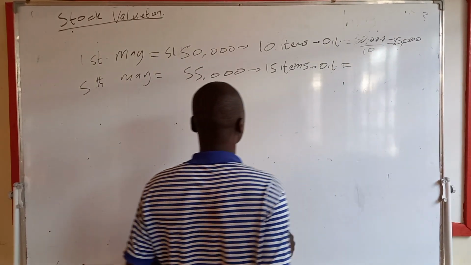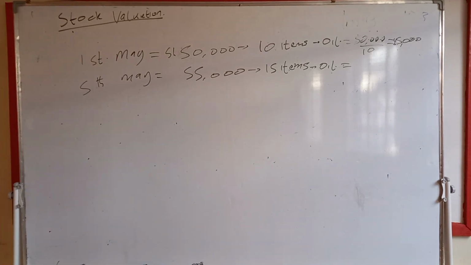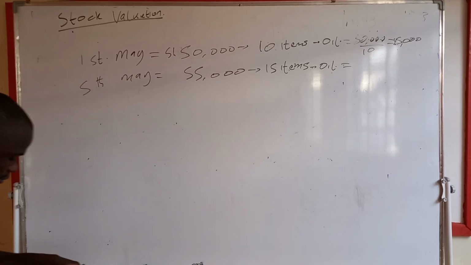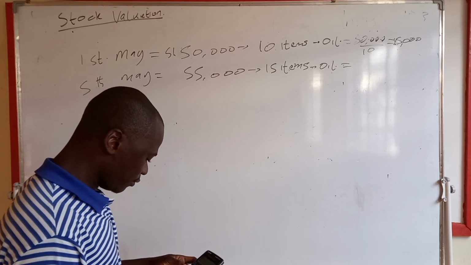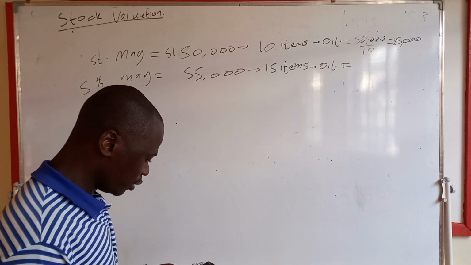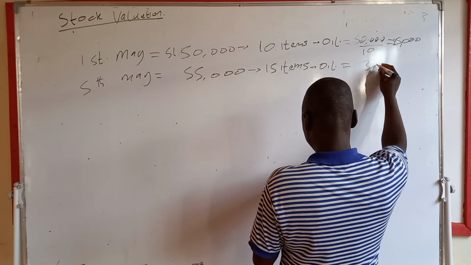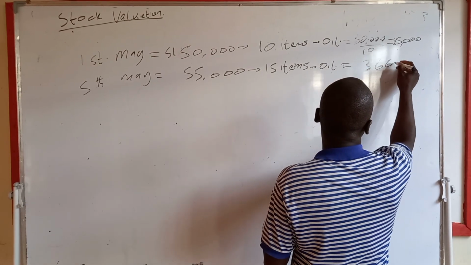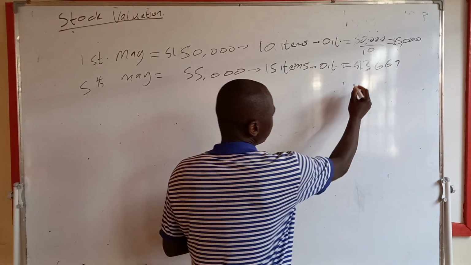And for the other, you divide 55,000 by 50 units. This comes to 3,667 shillings per unit.